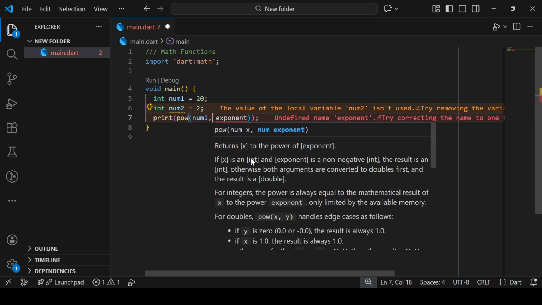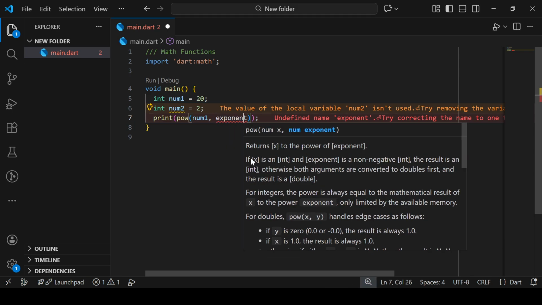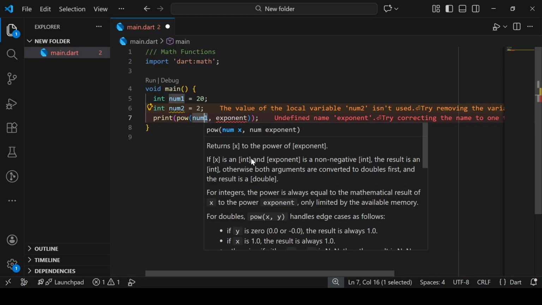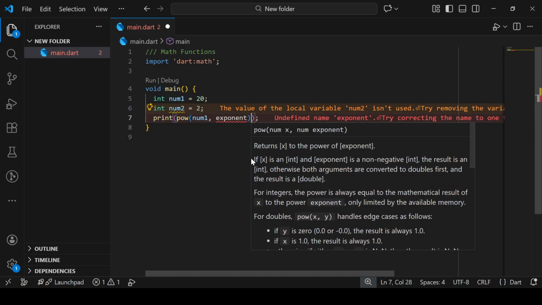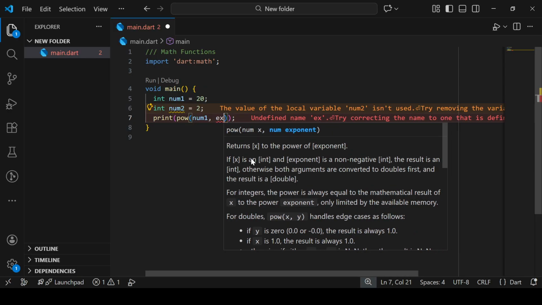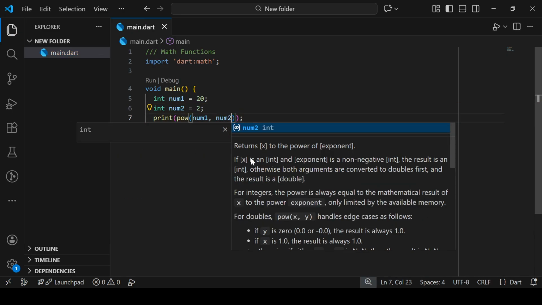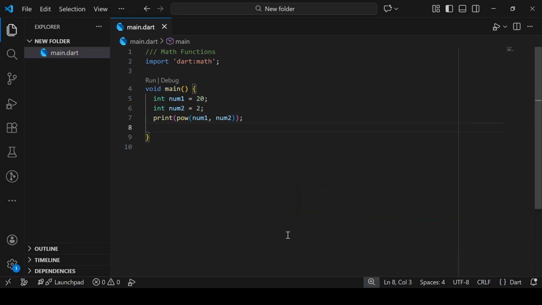Here you can see the exponent also. The exponent is how many times you want to multiply this num1 value by itself. I want to multiply it two times, so I write num2 here.